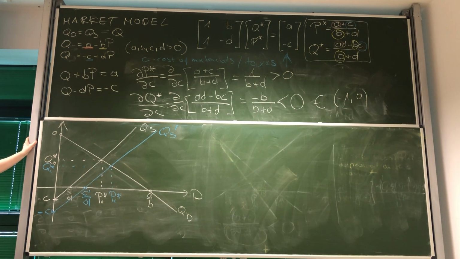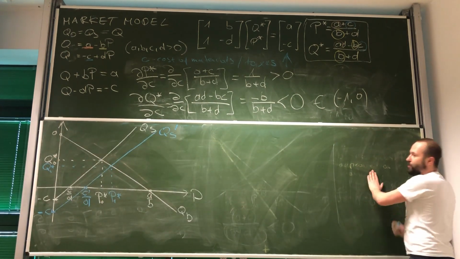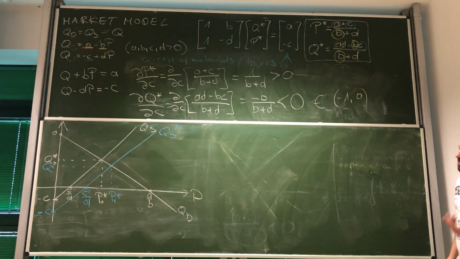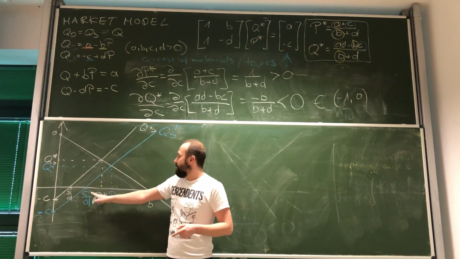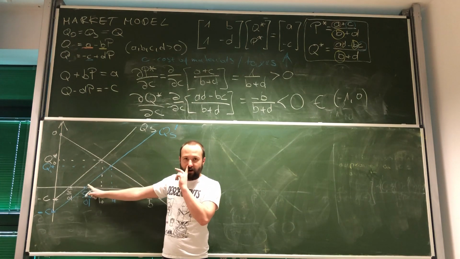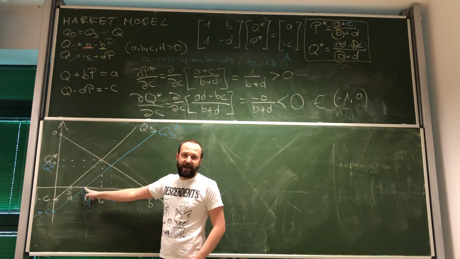And it makes perfect sense. The higher the taxes, the more companies will have to charge the customers, but they will be willing to produce less. Remember, from this point a price covers the cost of production.